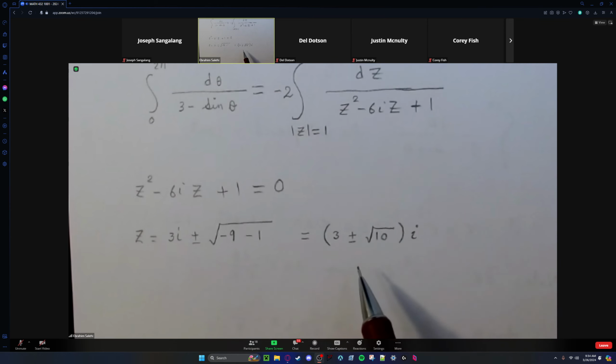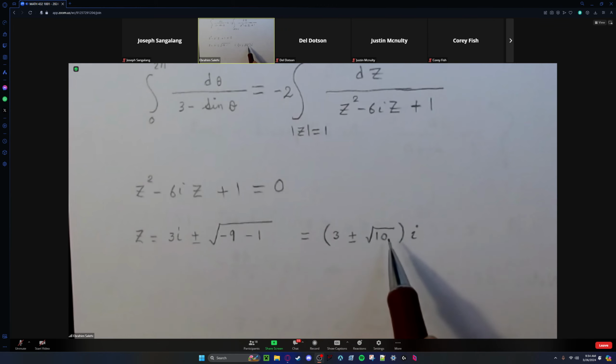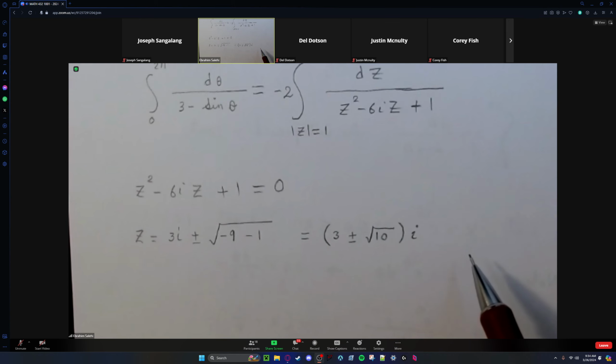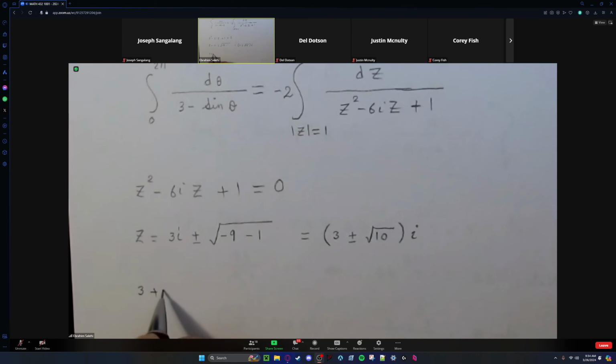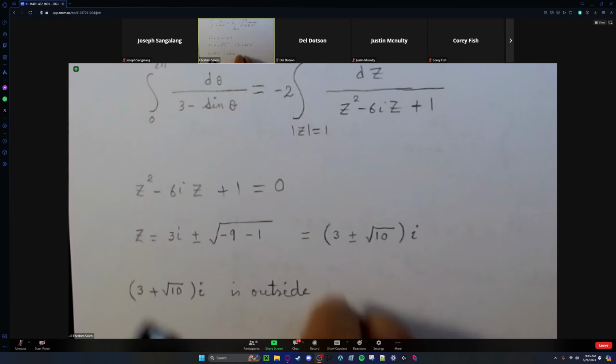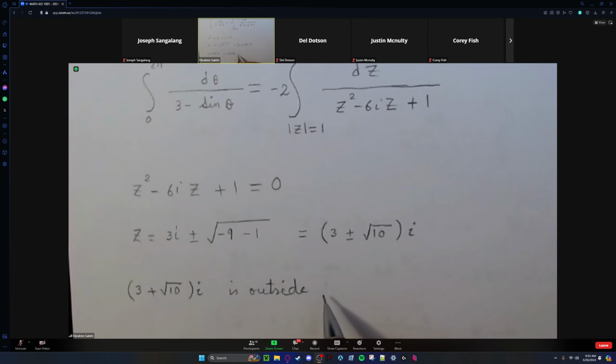Both of them are simple singularities. But look, 3 plus the square root of 10, times i, is outside of that contour, outside of that unit circle.